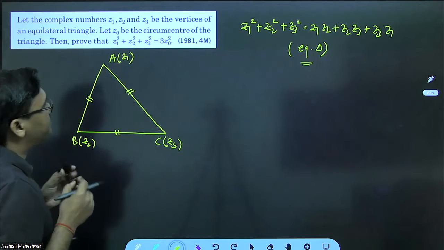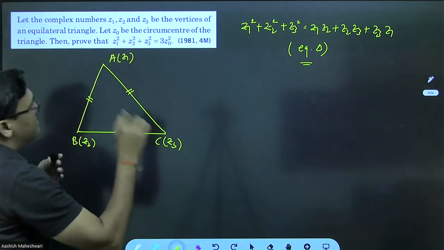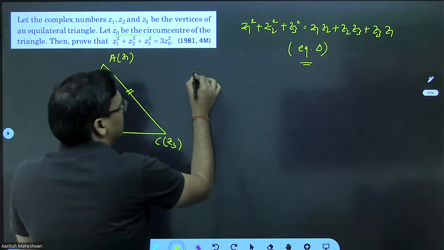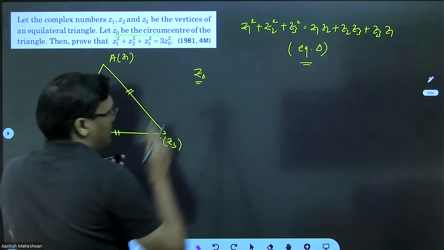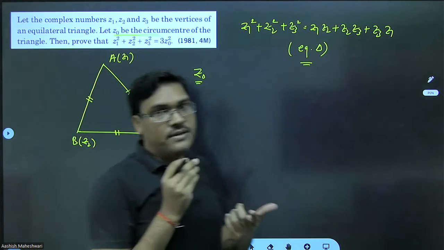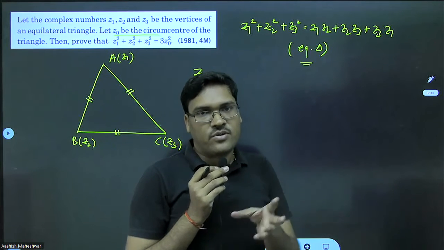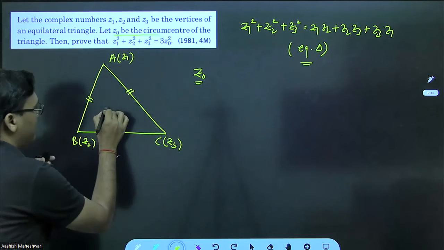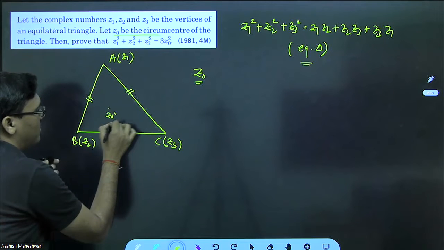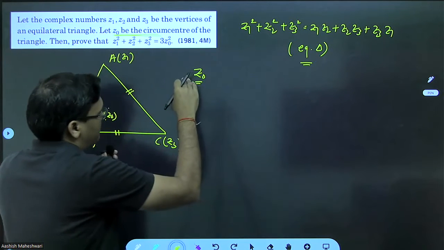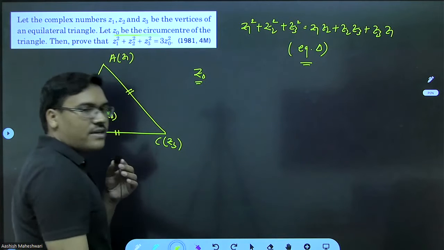Okay. Now it is given that Z naught is the circumcenter of this triangle. But if this is an equilateral triangle, we know the circumcenter, orthocenter, incenter, centroid, all will be at the same point. So can we say Z naught is the circumcenter and also the center of the triangle?